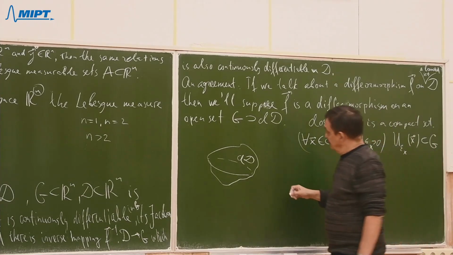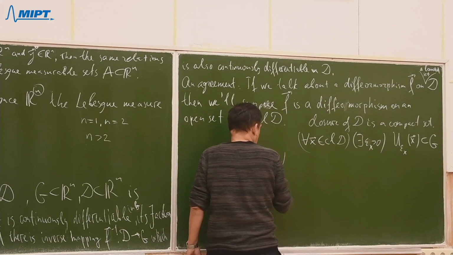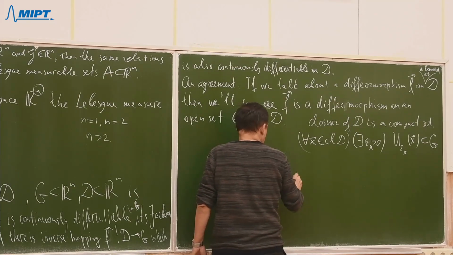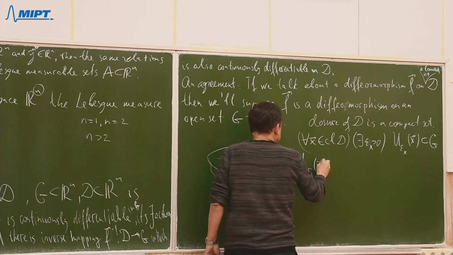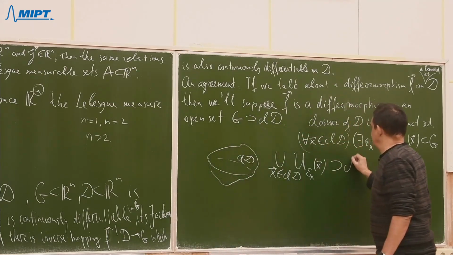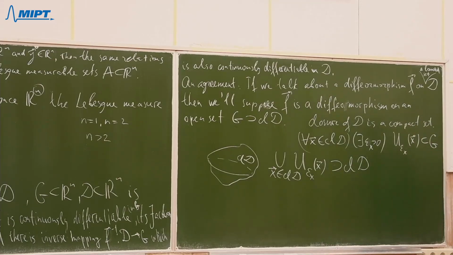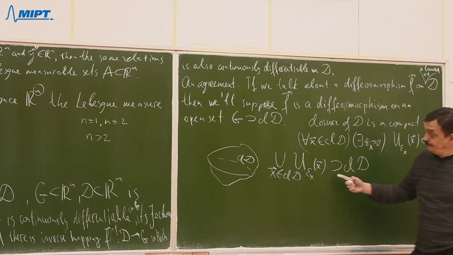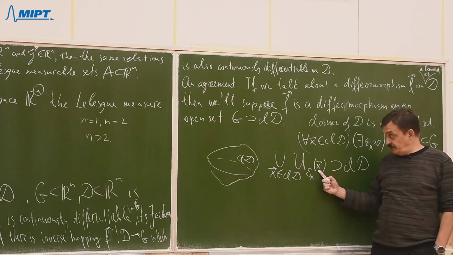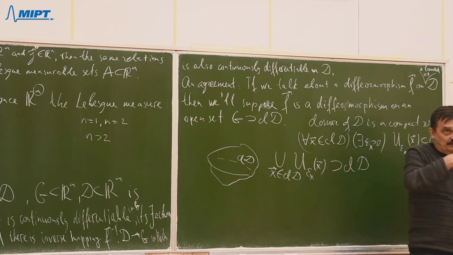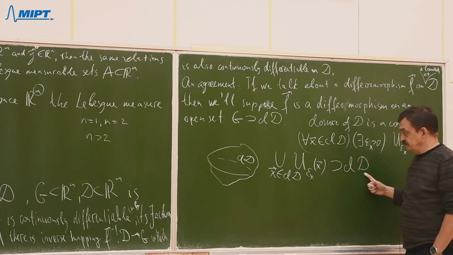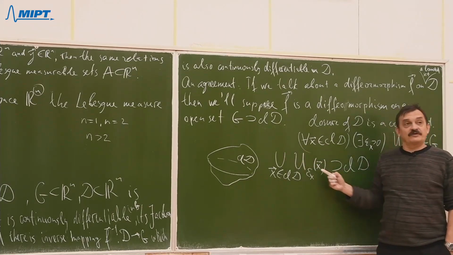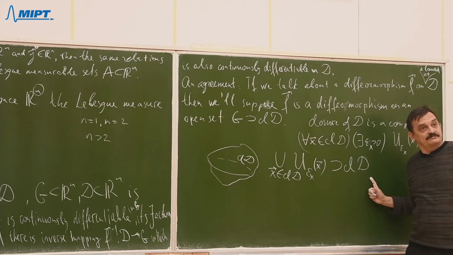Then the union over all x in the closure of D of those neighborhoods obviously covers our closure of D, right? Because every point belongs to the ball with center at that point. So we have an open covering of this compact set.